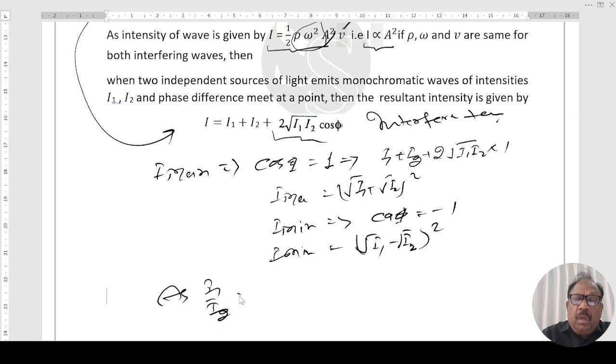Now, I1 over I2 according to the question is beta square by 1.